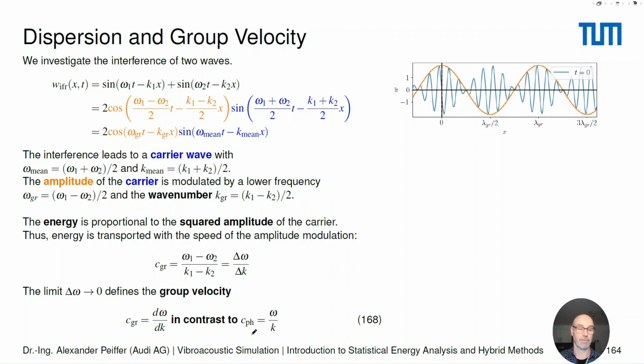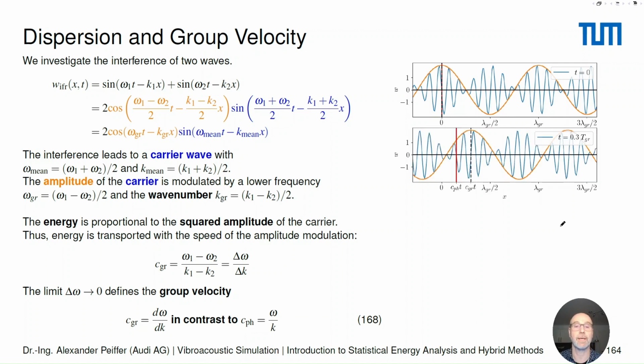This is something different than the phase wave speed. Just to visualize this a little bit, imagine this is at time step 0. We would have this effect, and just have a look at this phase that we have fixed.